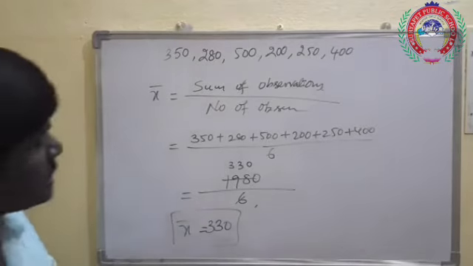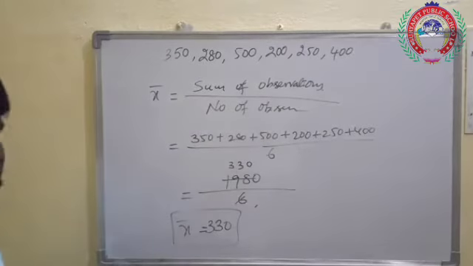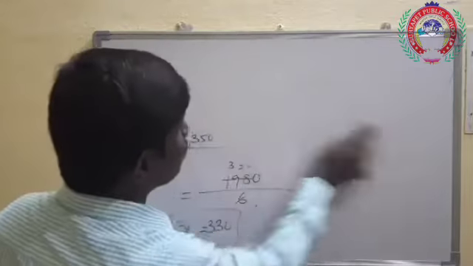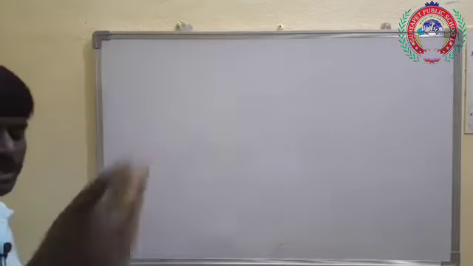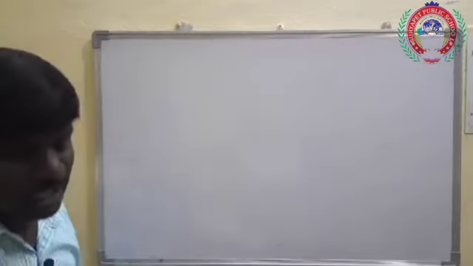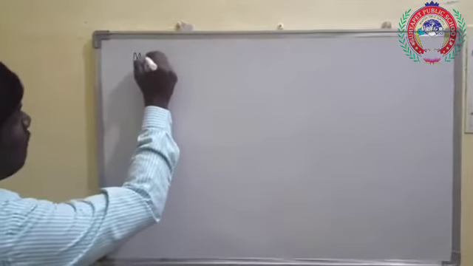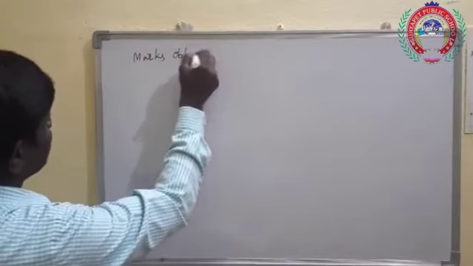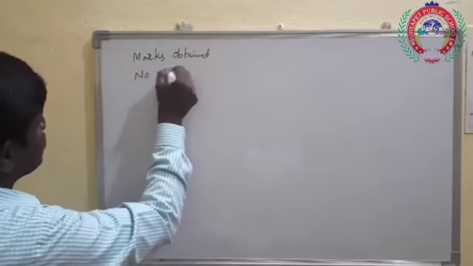So by using sum of observations divided by number of observations, we can find mean of ungrouped data. When along with observations, their frequencies are also given, for example, marks obtained and number of students.